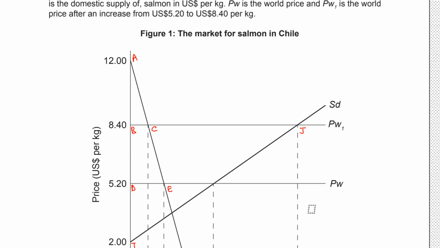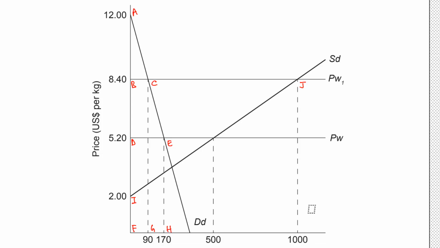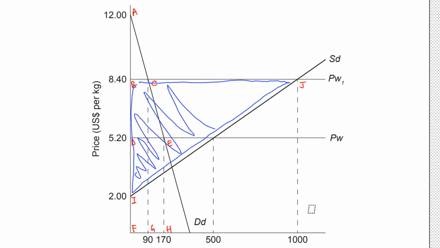Okay, now for the producer surplus, it's going to be this area over here, this blue triangle. So again, producer surplus is the area above the supply curve and the market price. So if the price has risen to $8.40, that's a new price, then that's going to be the producer surplus.